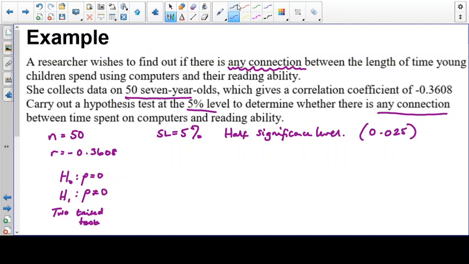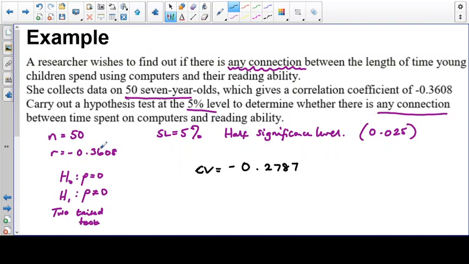So the critical value you should see is 0.2787. Going down to 50 and then along, instead of 5%, because it's two-tailed, you're going to look up 2.5%. Because you have a negative coefficient for your sample, we're going to take the negative value. That is the first difference, halving the significance level. It's the second difference, that's it.